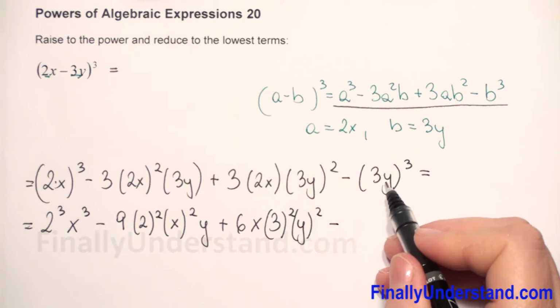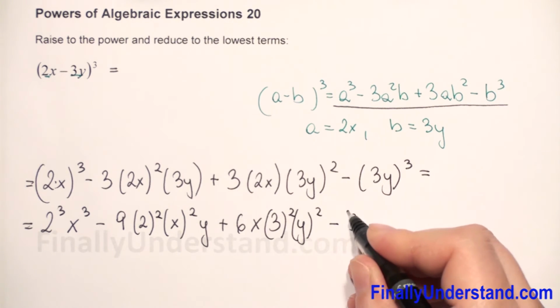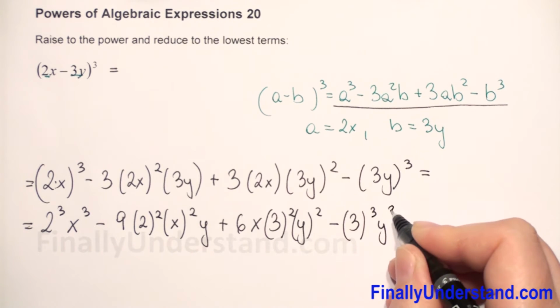And minus, now we have 3y to third power, so 3 to third power and y to third power.